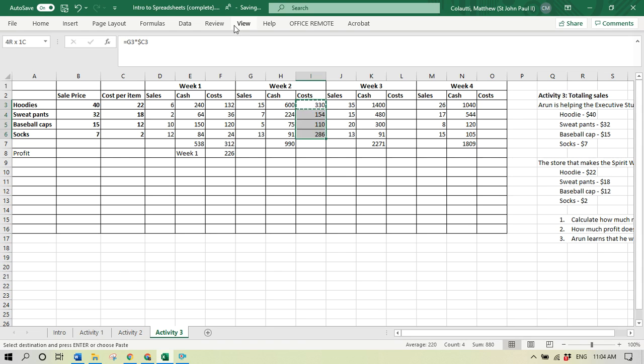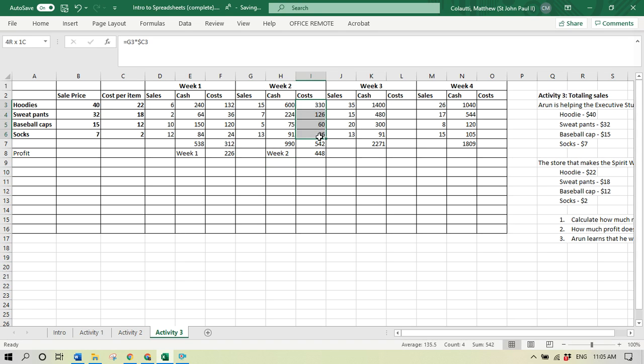So if I do this and paste it, let's check if it worked. It took my sales multiplied by my cost. Perfect. Now I find the sum, and then I subtract my cash, subtract my costs, and there I get my week 2 amount. I can do the same thing here.